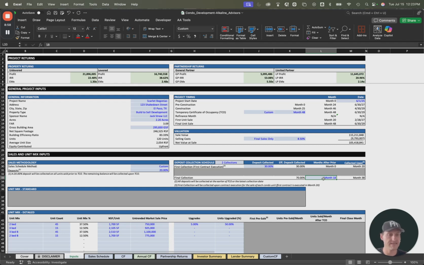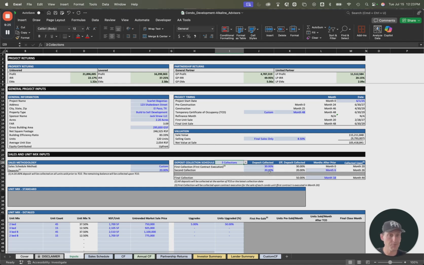Here we're saying month 18. It doesn't have to be arbitrary, right? It could be based off of any sort of agreement you have with the buyer. If you're hitting certain hurdles or certain milestones throughout the development period, the buyer might have to give a different percentage of their deposit at a different time. So here we'll say the rest of the deposit has to come in at month 18. But you can make that month 20, month 40, you name it.